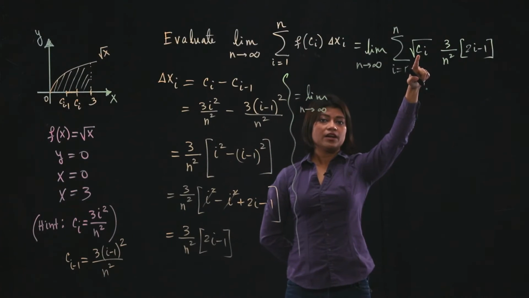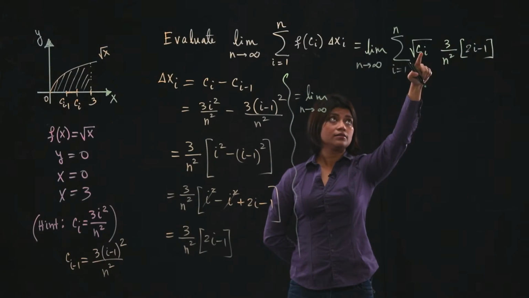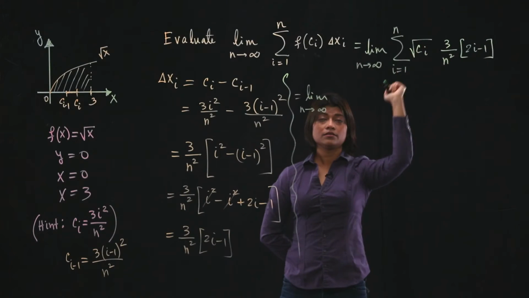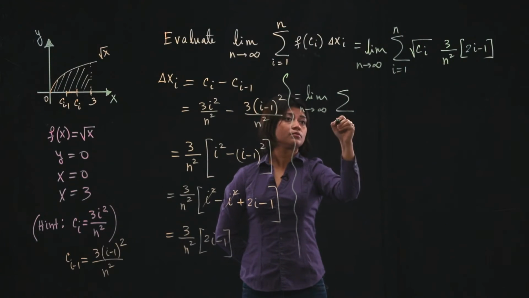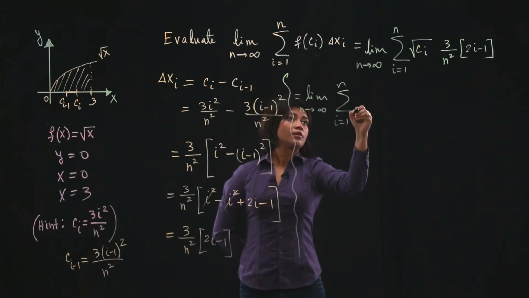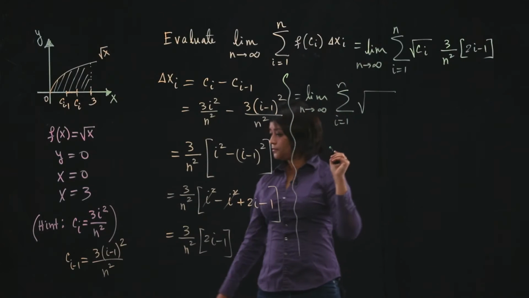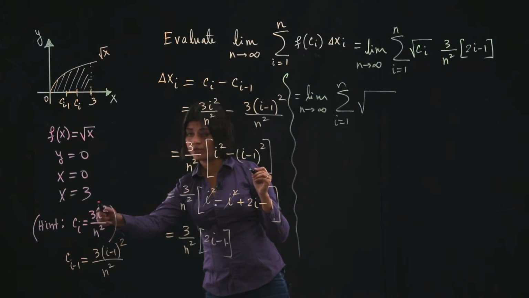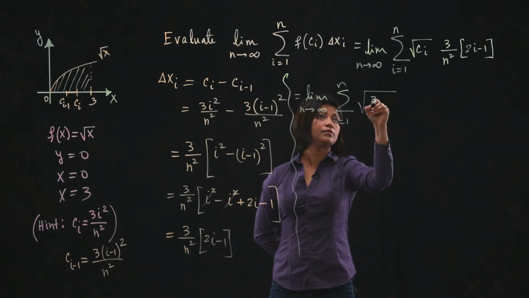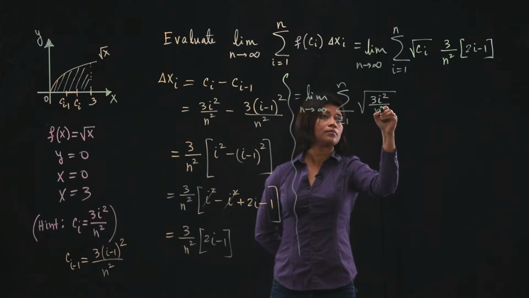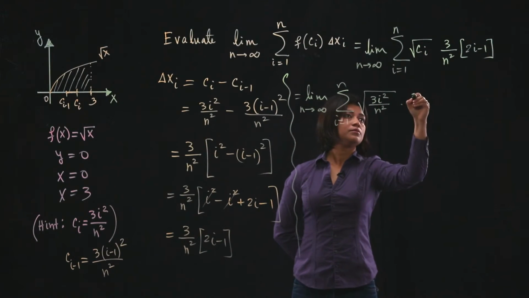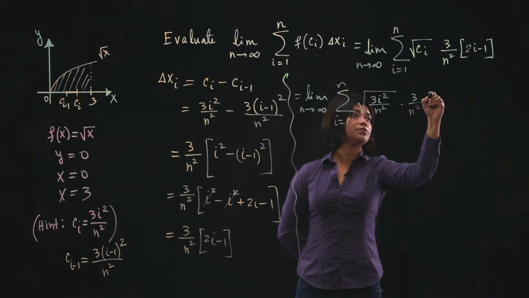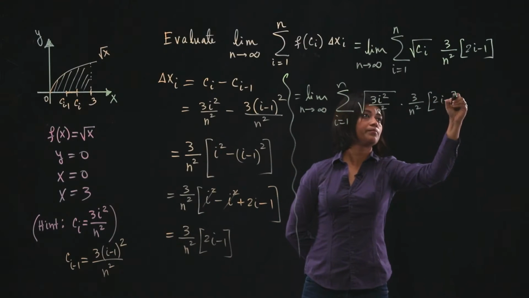So next step, let's plug in ci and then simplify that expression. We'll have the square root of ci, which is right here, 3i squared over n squared, and then we will just have 3 over n squared times (2i minus 1).